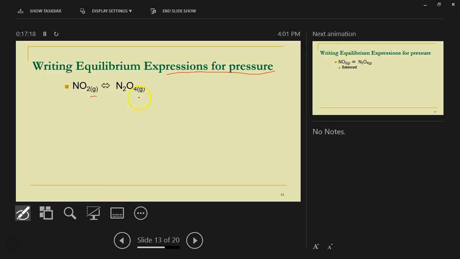So it's not. Everybody here that's going to be left over is a gas. We don't have any other states of matter here. So I balance my equation. When I balance my equation, I get a big 2 in the front of my nitrogen dioxide. And now I'm going to write a Kp. Pause the video and write your Kp.